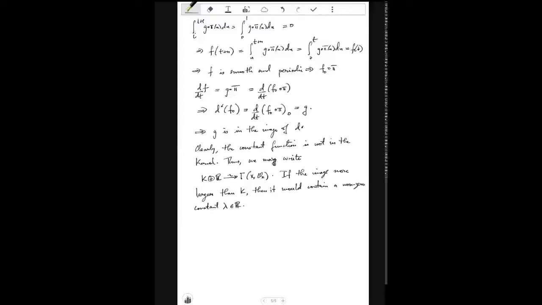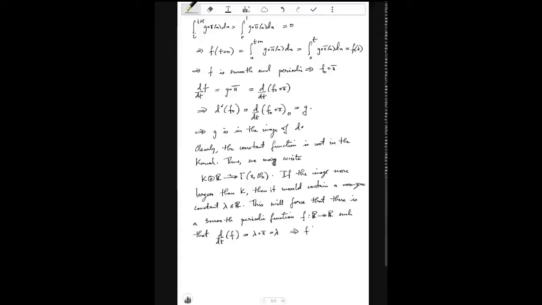But this will force that there is a smooth periodic function f from R to R such that d/dt of f is equal to λ composed with π, which is just λ.